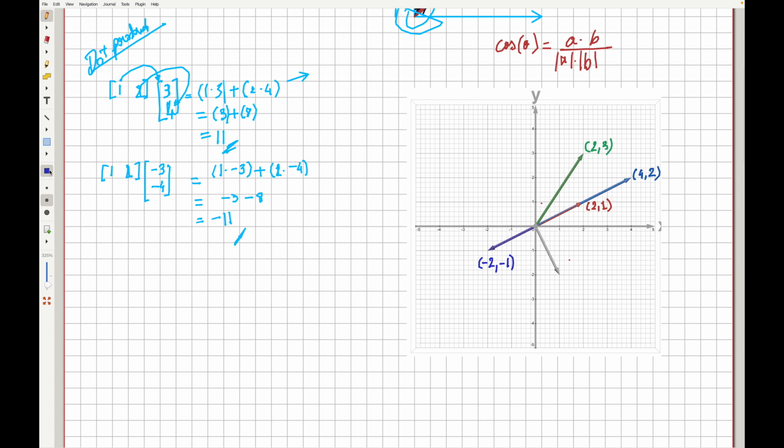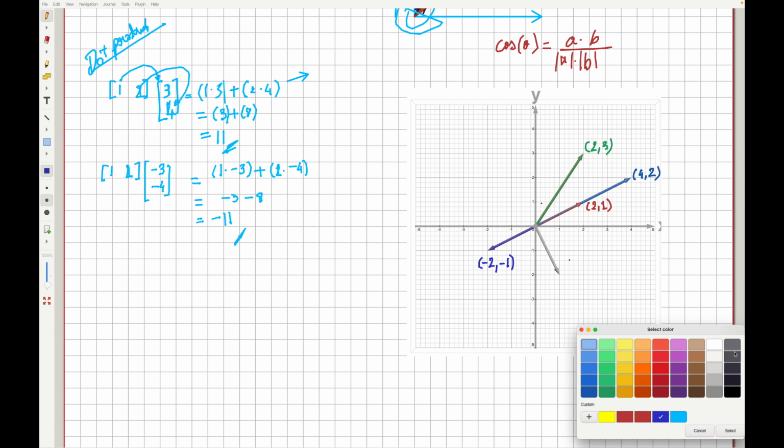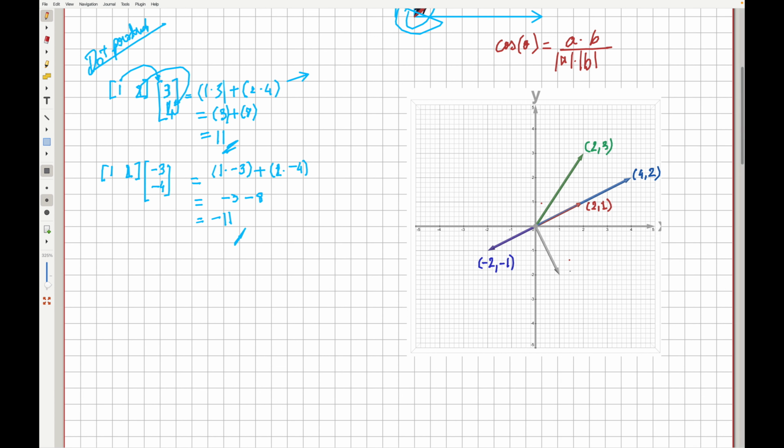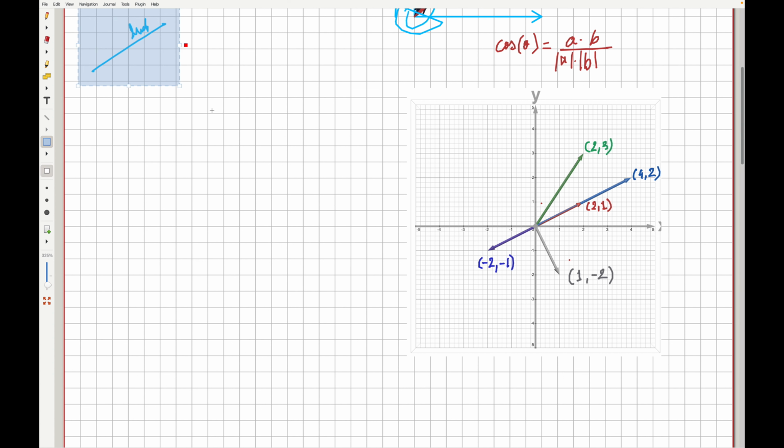And finally we have the gray arrow, which is in the direction plus 1 for x and minus 2 for y. If we now try to get the dot products of these, let's see what happens if we take the dot products without normalizing the data points.